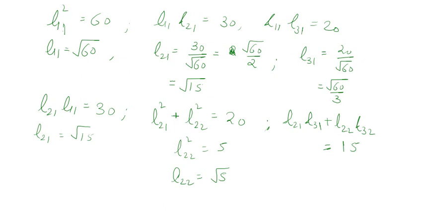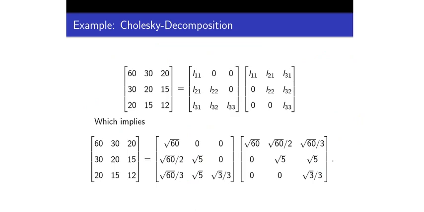Now you know the value of L21, the square root of 15, L31, the square root of 60 by 3, and L22. All these you can substitute and find the value of L32. Similarly, you can proceed for finding the other unknowns, and what you will get is the following matrix. You can verify both sides.